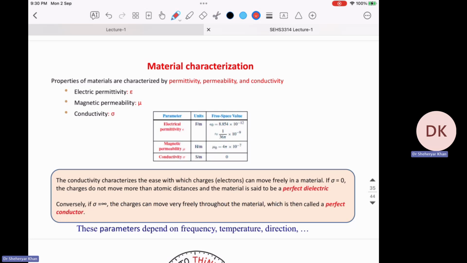And then you put them on a scale and find which one is at the top. Which material should be at the top? Which material should have good conductivity? Gold.